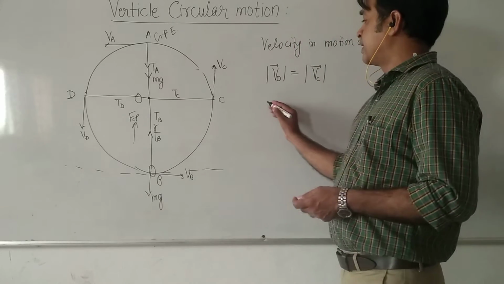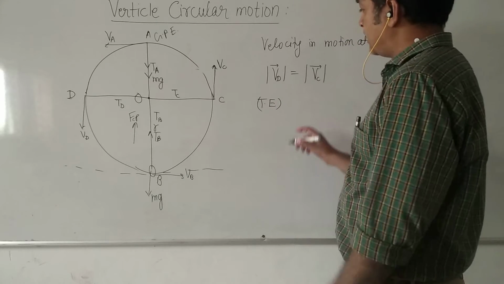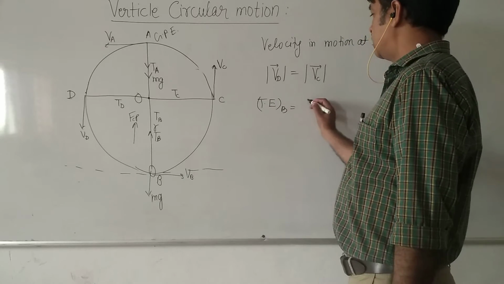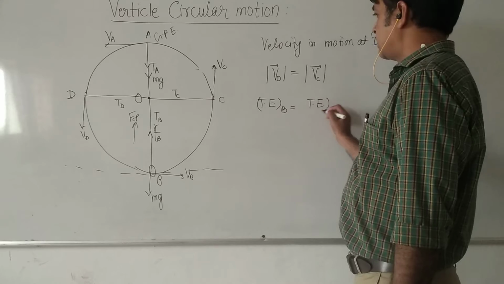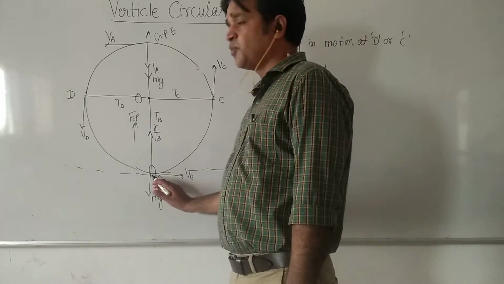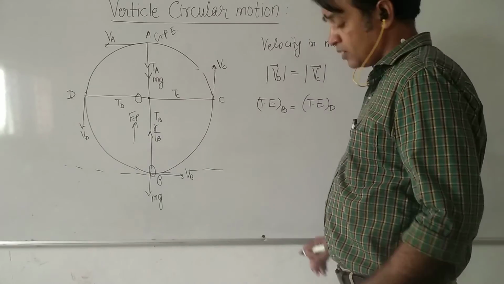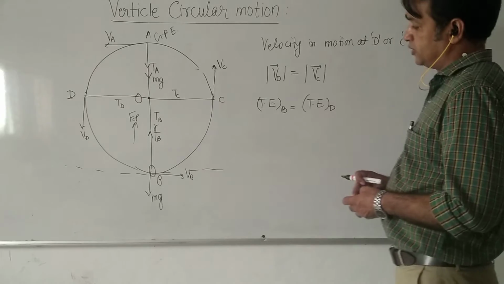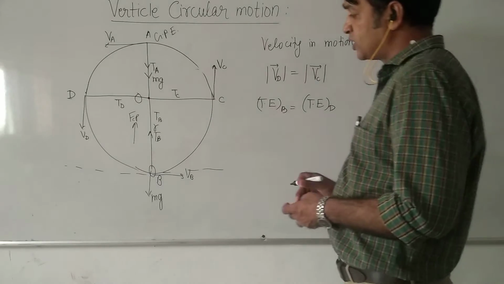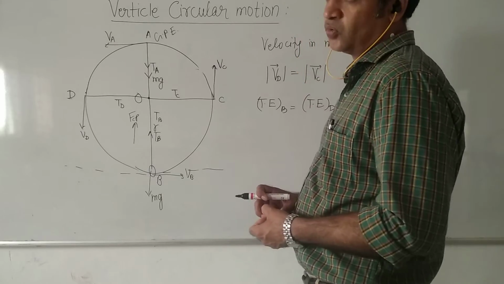So now total energy at B point equal to total energy at D point. At this point there is only kinetic energy, but potential energy is 0 because height is 0.